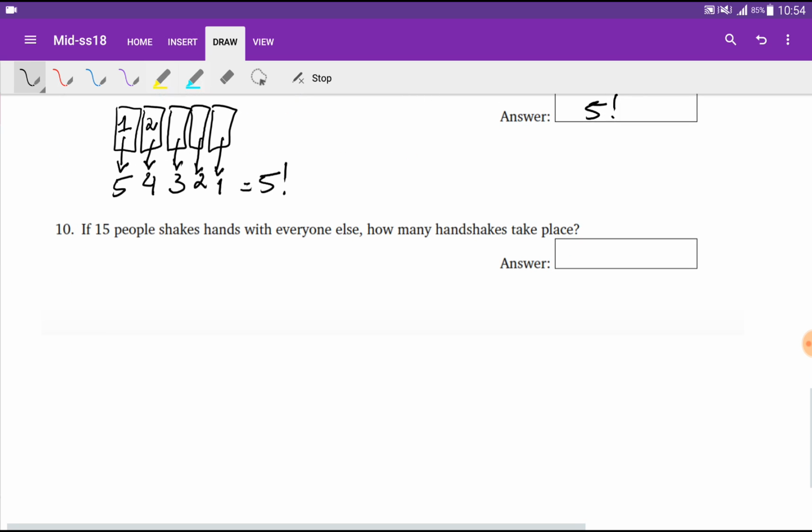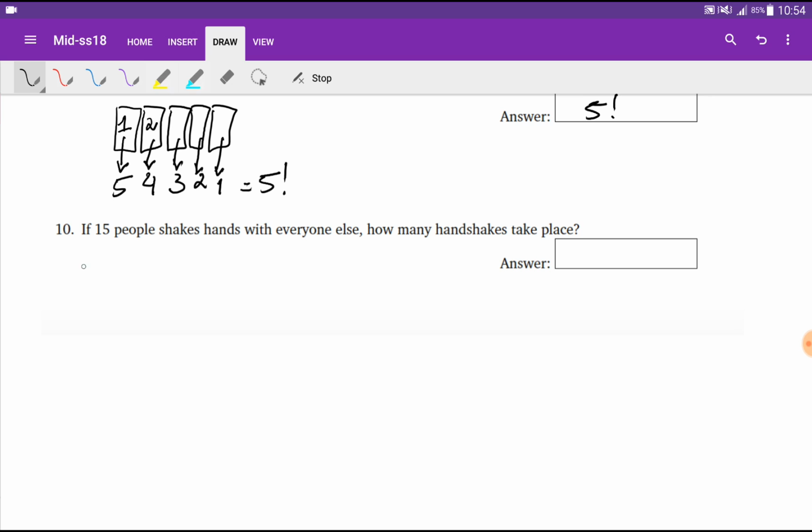And question number 10 is about the number of handshakes among 15 people, right? We can solve this problem in 2 different ways. The first person shakes hands with 14 people, and we'll just eliminate him.